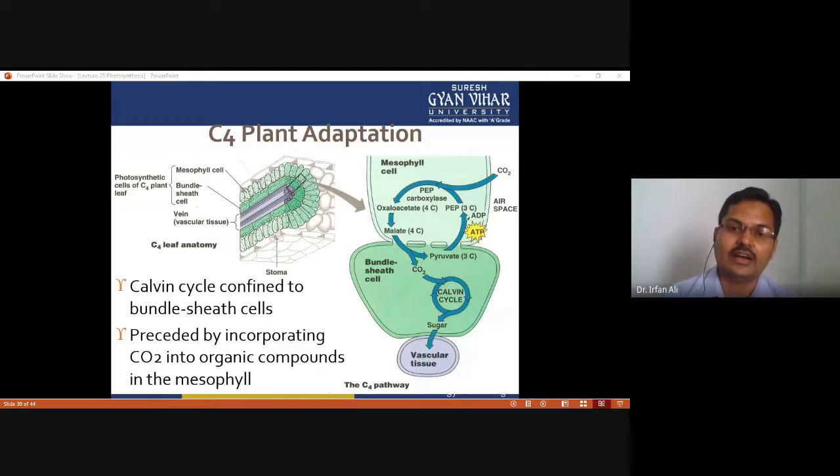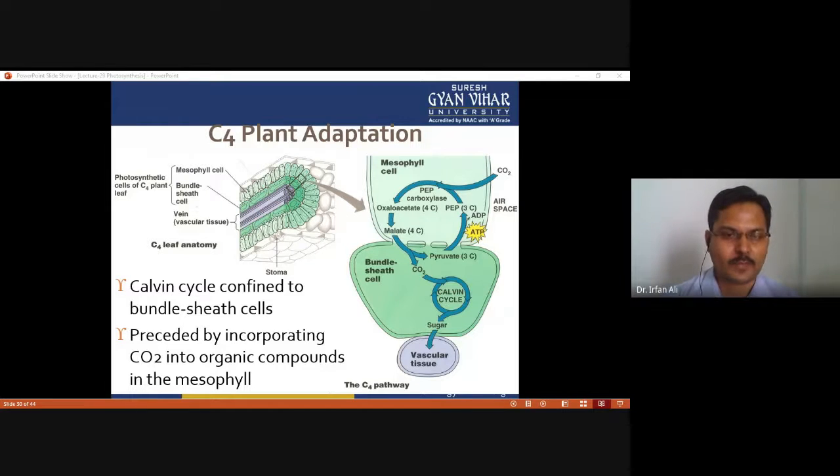And in the bundle sheath chamber there is no problem of oxygen concentration, because when the malate releases the CO2, this CO2 can be fixed by the Rubisco, and there is no oxygen in this chamber, so there is no problem of photorespiration. This is the adaptation in the C4 plant, and this is called the C4 pathway.